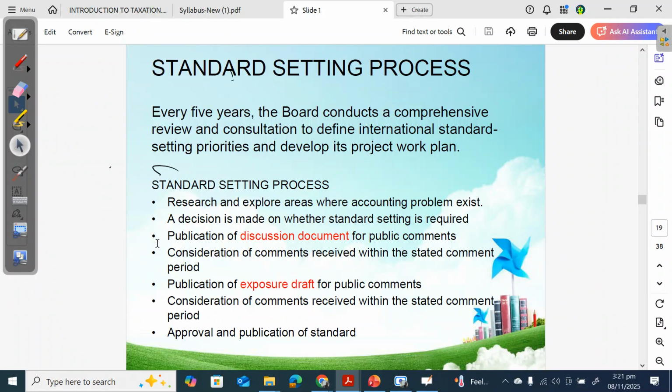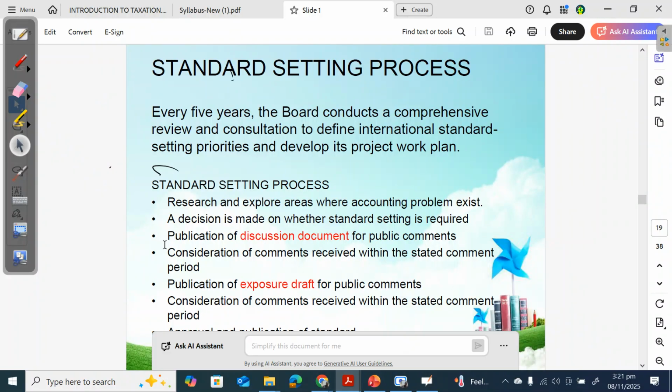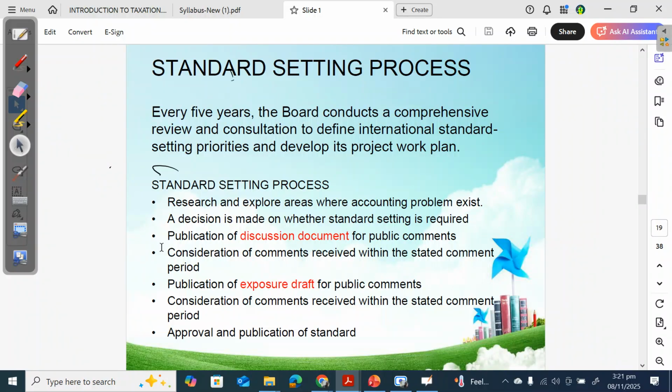So how do they set the standards? The board is always on the lookout for any issues in the accounting field, as things are always changing.